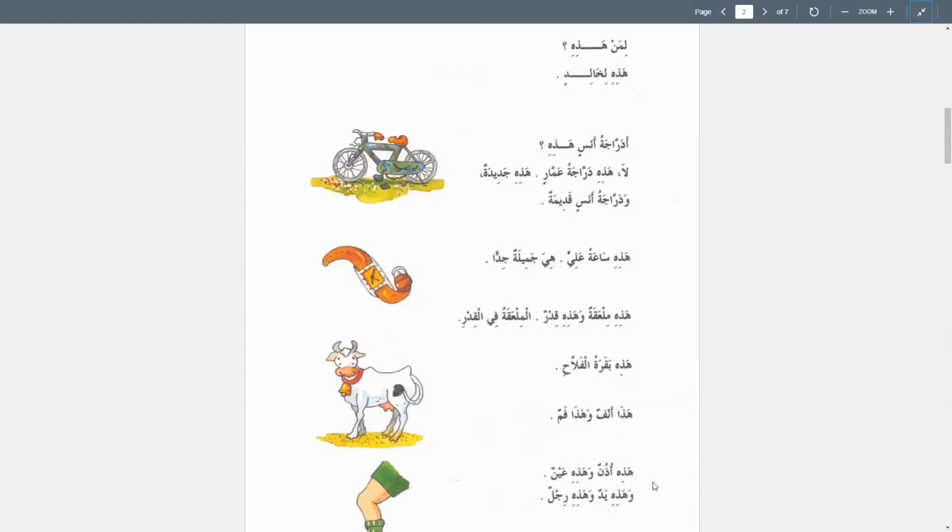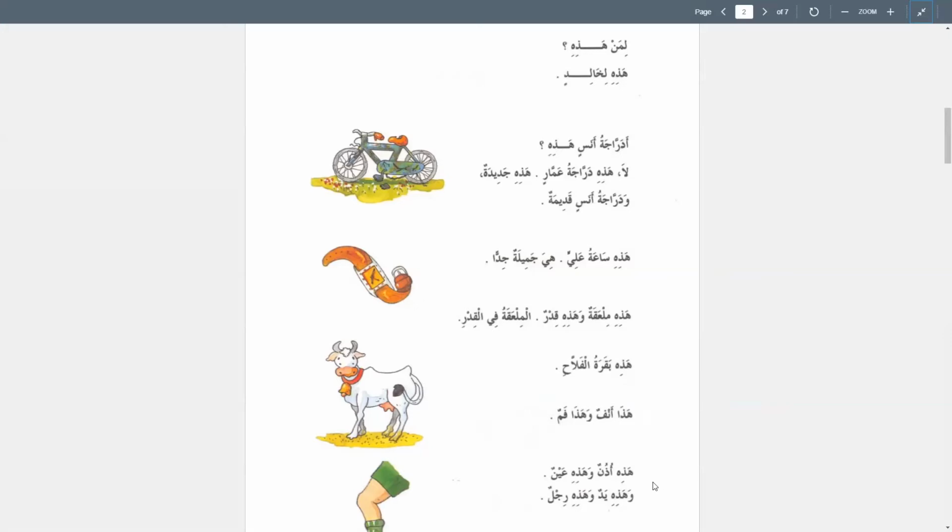Okay, next one we have hadahi udnun wa hadahi ainun. Udhun means ears, and ain means eyes. Okay, so hadahi udhun wa hadahi ain. This is an ear and this is an eye. And here we have two of them.